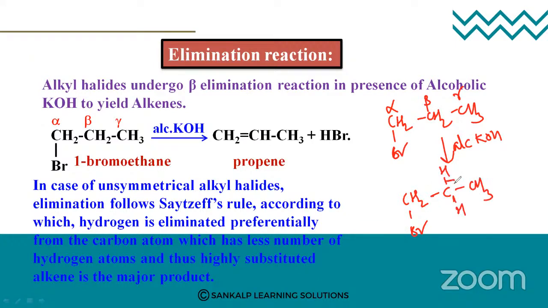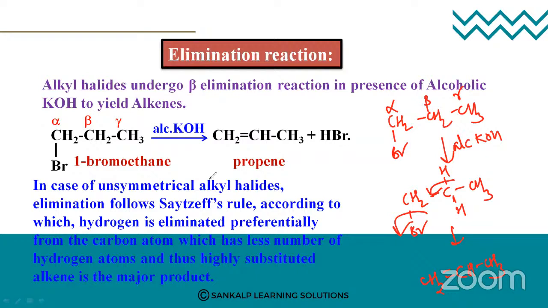What is happening? This hydrogen will go and this bromine will go. The product obtained is CH2=CH-CH3. Understood? So propene is obtained. This is the beta elimination: from the beta carbon, the beta hydrogen is gone. This is called an elimination reaction.